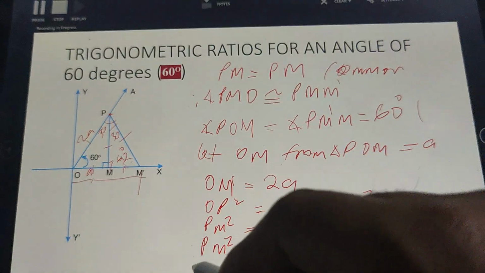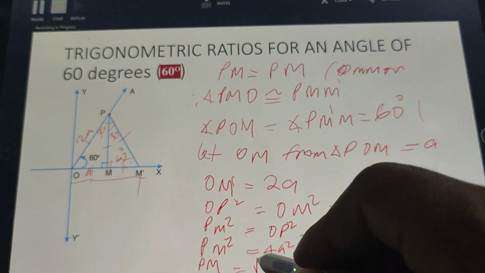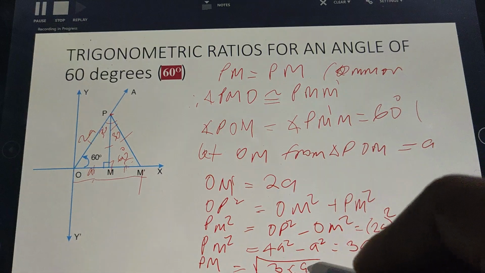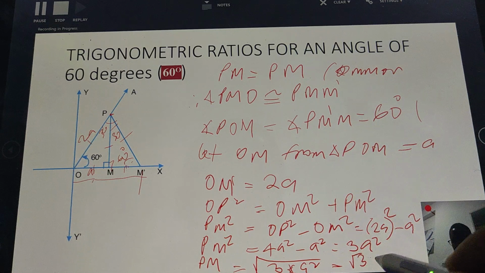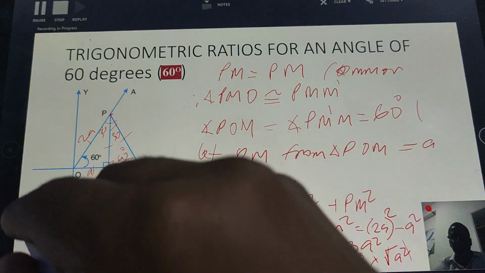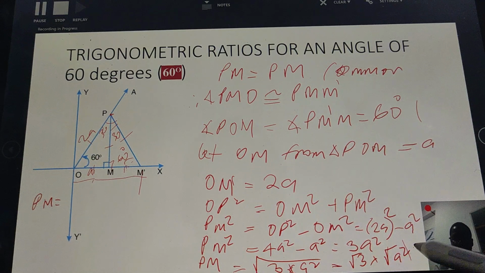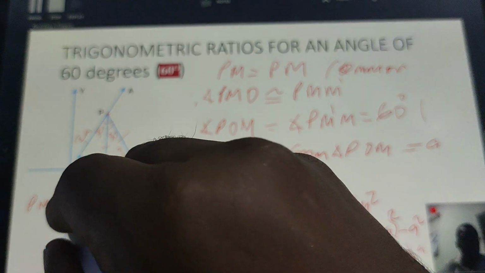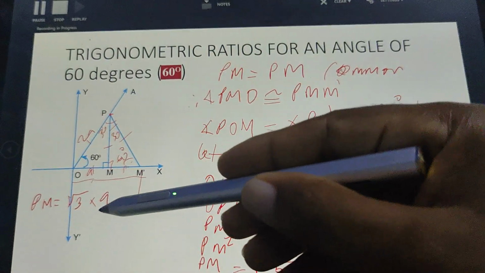Therefore, if we take the square root both sides, PM will be equal to root 3 times root A squared. So the root and the square will go. It means PM will be equal to root 3 times A.